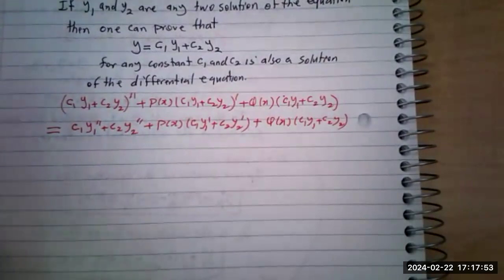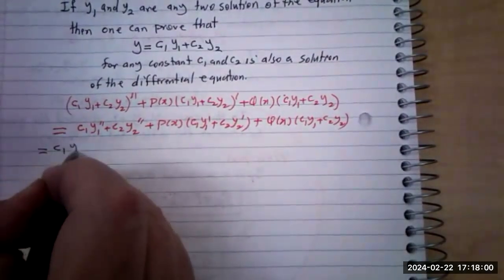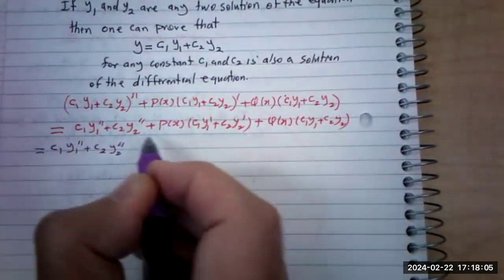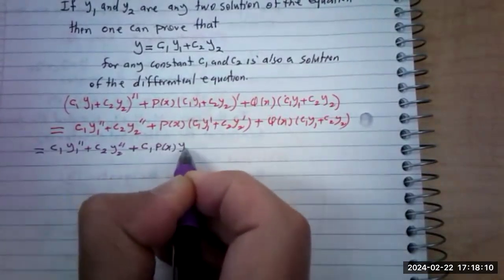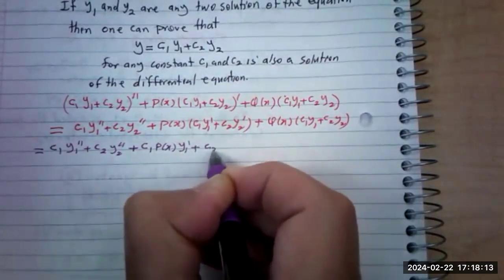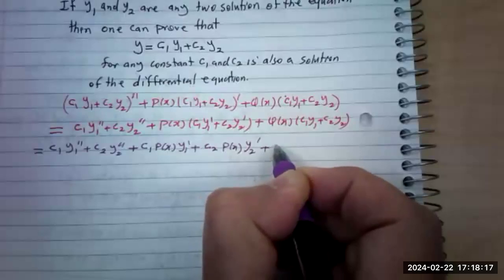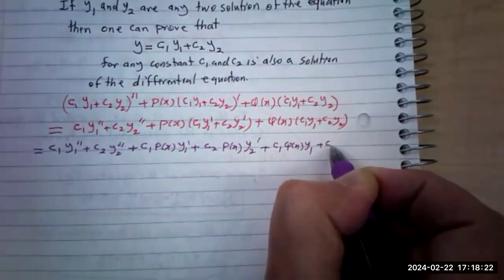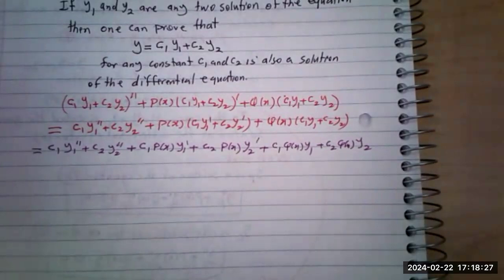Multiply them together, group them together. We want to prove it's equal to 0. So it's going to be C1 y1 double prime plus C2 y2 double prime, and distributing these, plus C1 P of x y1 prime plus C2 P of x y2 prime plus C1 Q of x y1 plus C2 Q of x y2. I just multiplied them together.